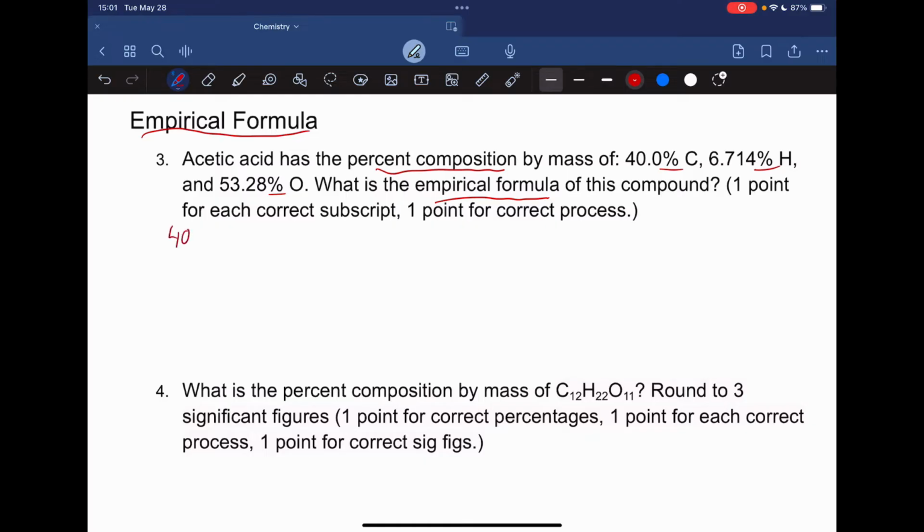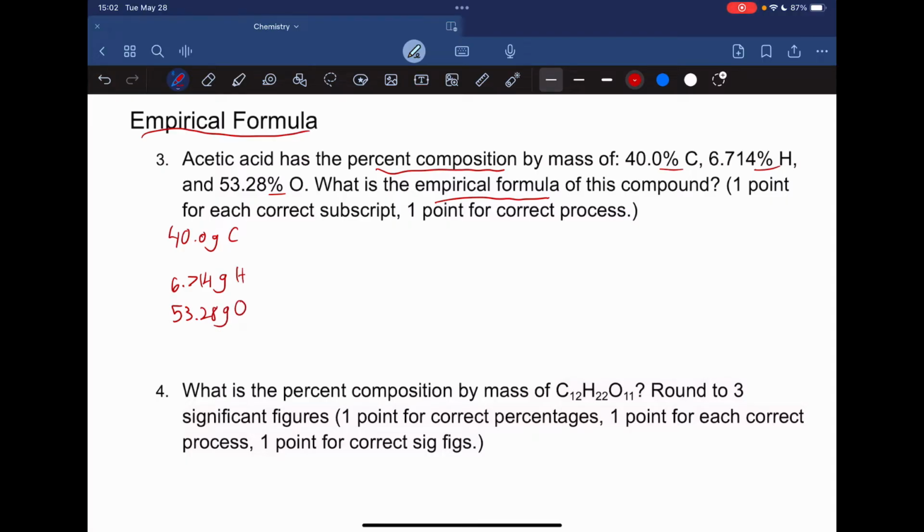We have 40.0 grams of carbon, and the hydrogen is 6.714 grams of hydrogen, and 53.28 grams of oxygen.